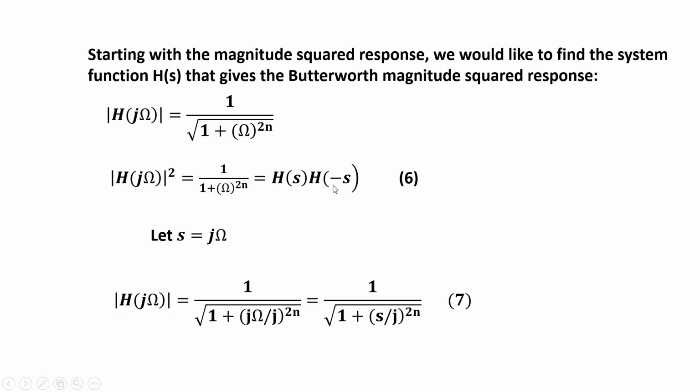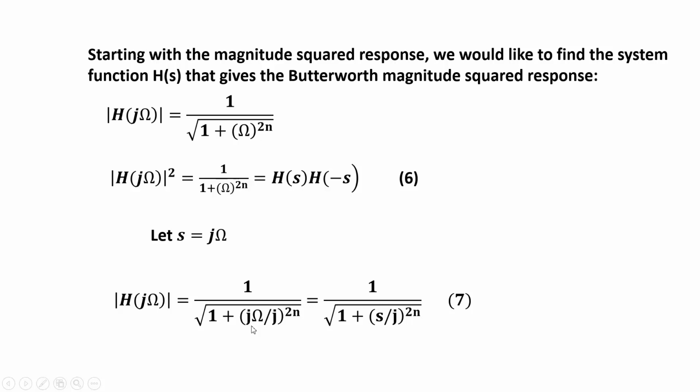Clear? This we know from the traditional Laplace transform theory. And let s equal jω, right? Our |H(jω)| is 1 over the square root of 1 plus (ω/ωc) to the power 2n.